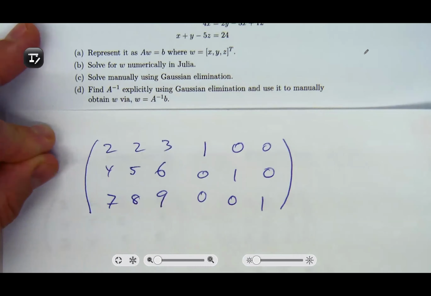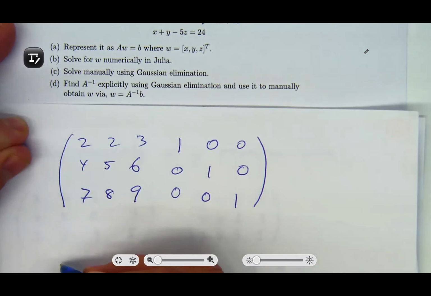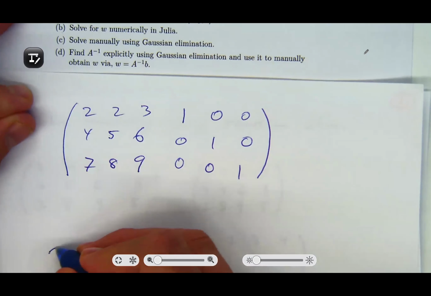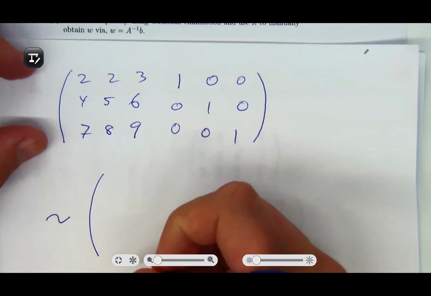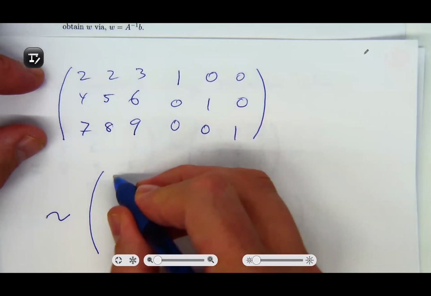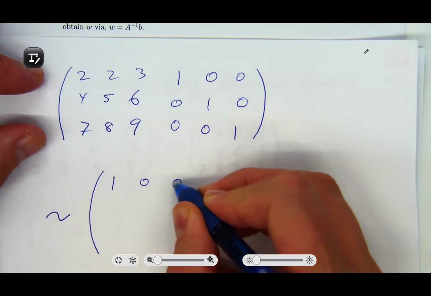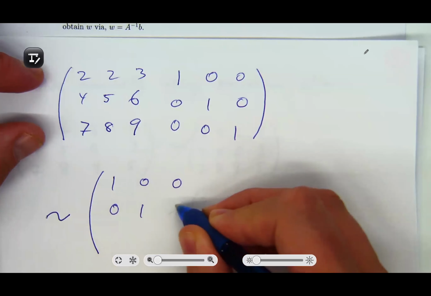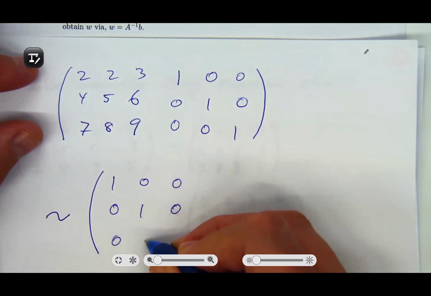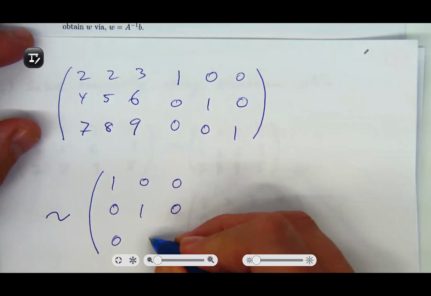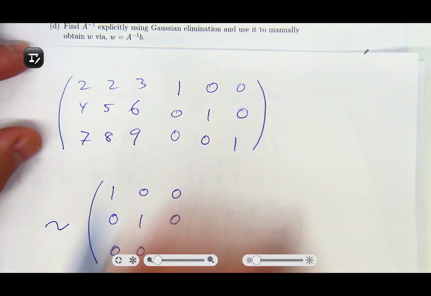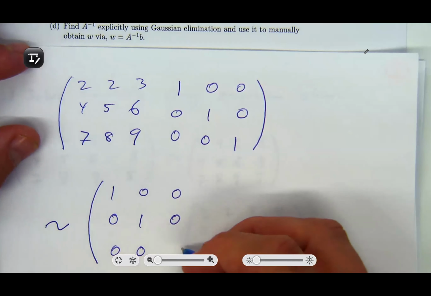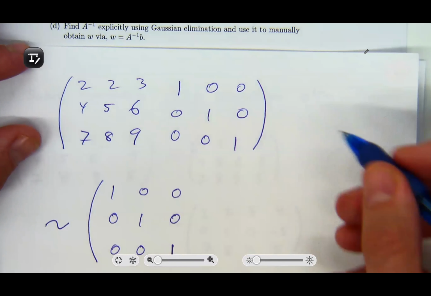I won't show you those, but when you do row reductions on this, once you achieve the row-reduced echelon form, you will have the identity matrix on the left when your matrix A is invertible, and in this case ours is. I'm not going to tell you whether or not the one you were given is invertible because that's your job.